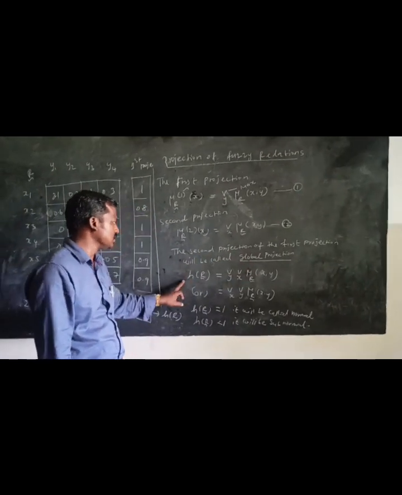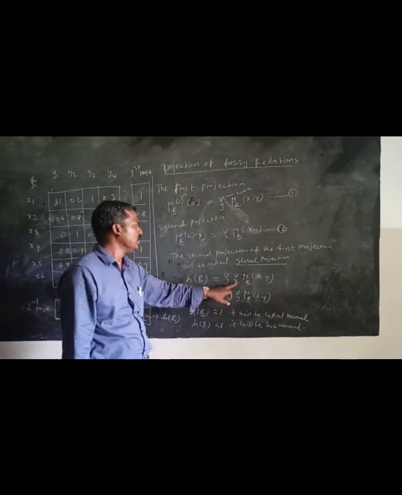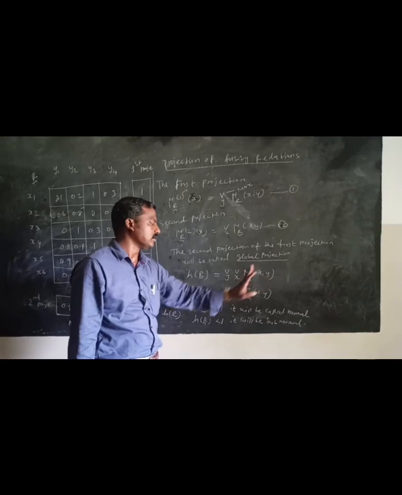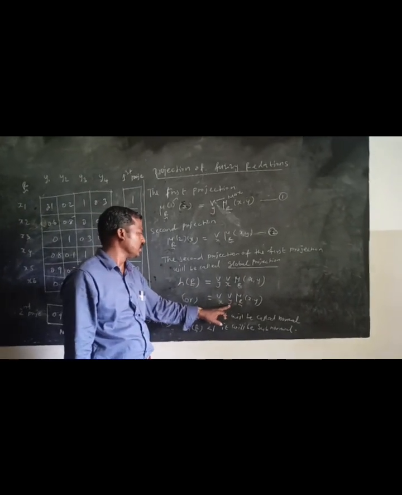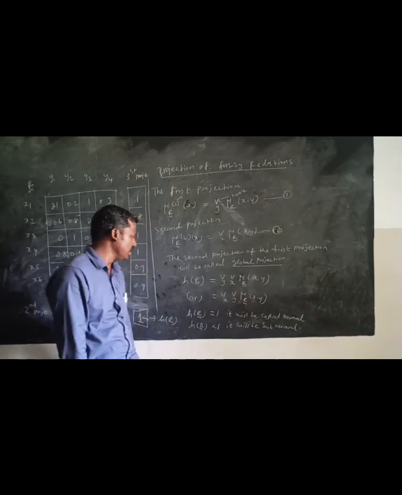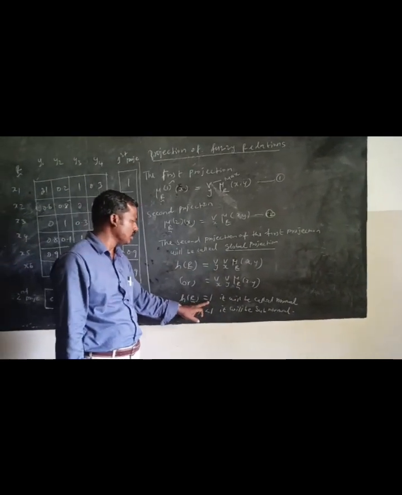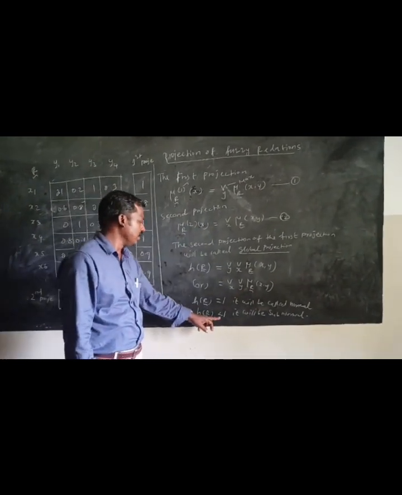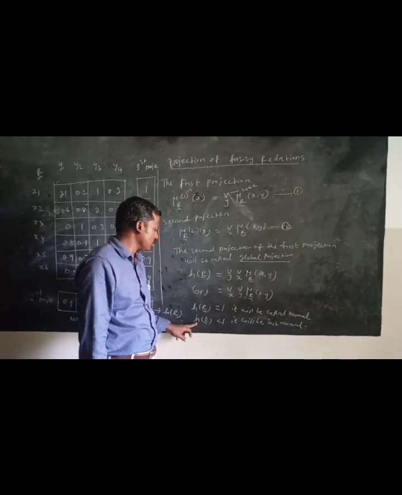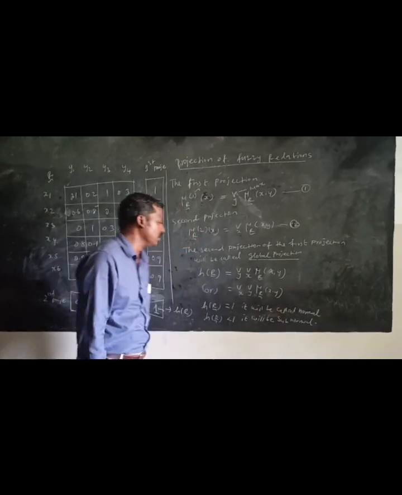The global projection is defined as H(R) equal to union over y, union over x of μ_R(x, y), or union over x, union over y of μ_R(x, y). If the value of H(R) is 1, it will be called normal. Suppose the value is less than 1, it will be subnormal.